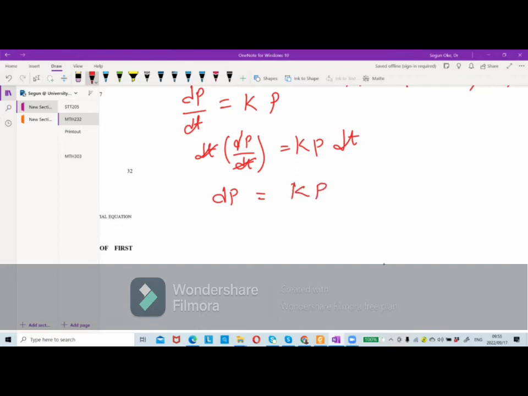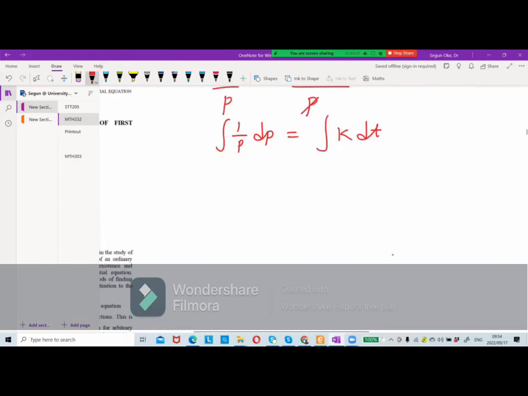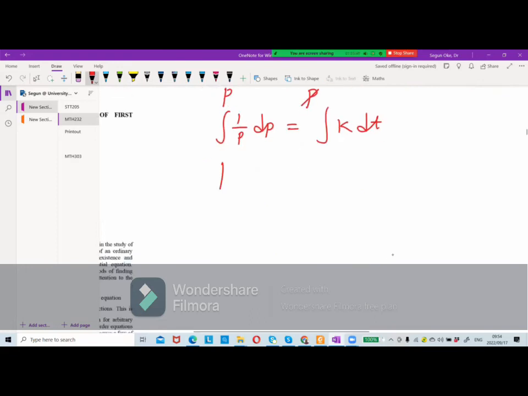So you have the integral of 1 over P dP equals the integral of K dt. I can integrate this one, I'll have ln P equals KT plus C. When you take the exponential of both sides, you have P equals exponential of KT plus C.